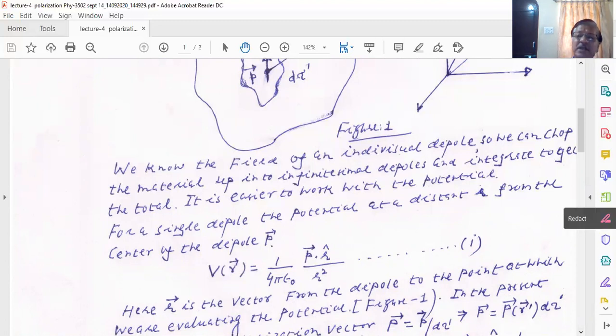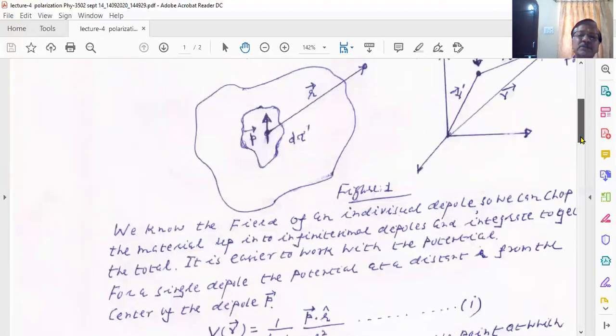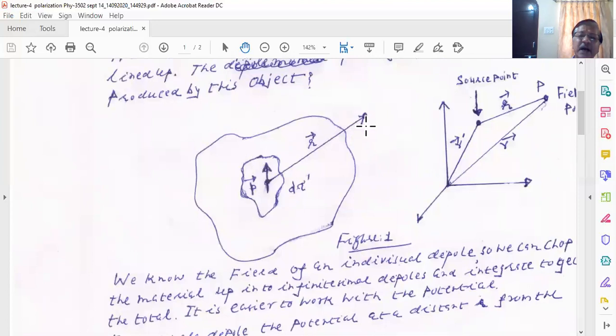You see, this is the r because of the position; look at this point P, and we are calculating potential at r because the point P has a position vector r, right? Its position vector is r with respect to the origin. So we write V at r here, because r is the position vector of point P.